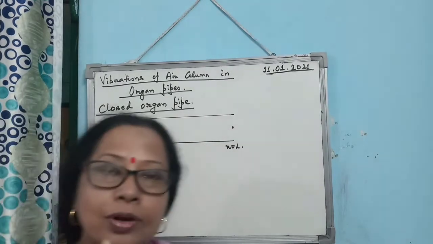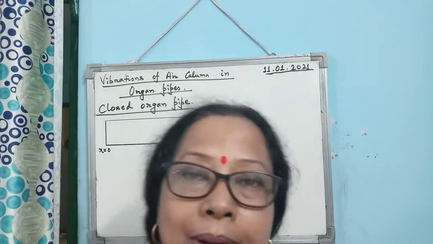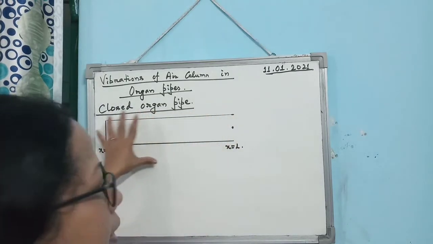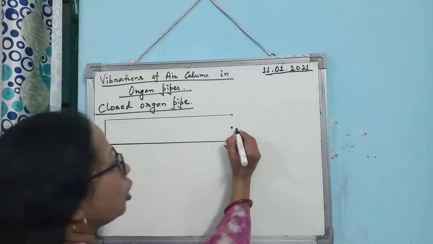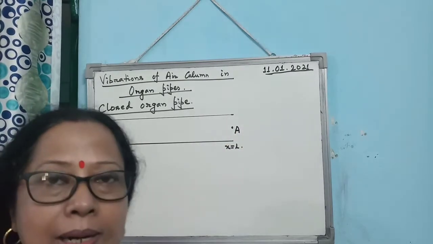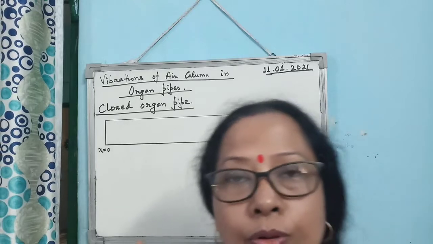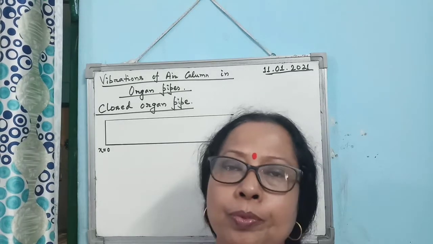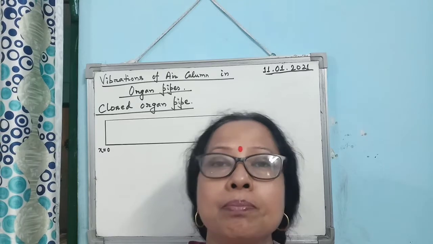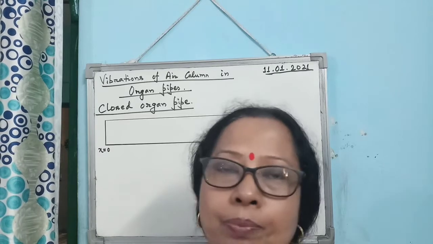So whatever be the mode of vibration of the air column enclosed within the pipe, here always an antinode will be produced. Remember, at the open end, always an antinode will be produced. Why? Because the particle can vibrate with maximum amplitude at that point.